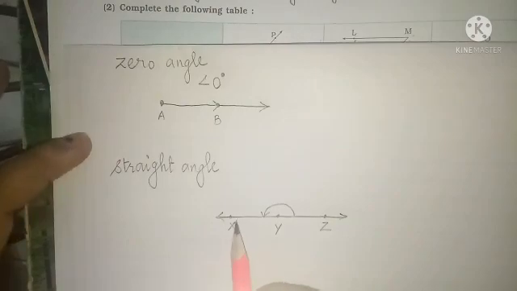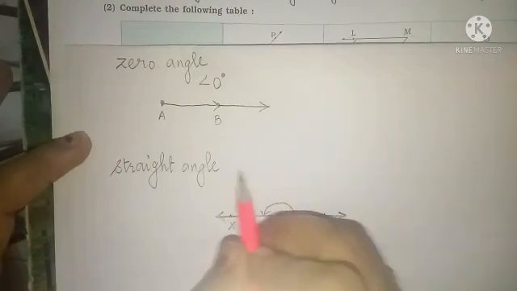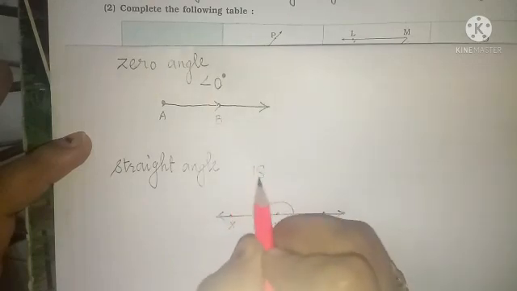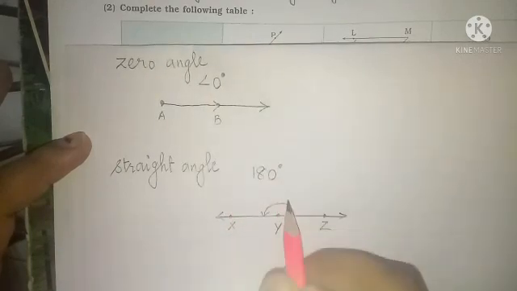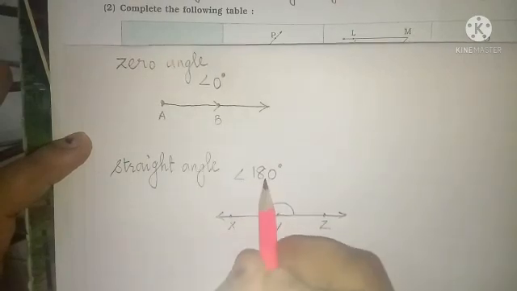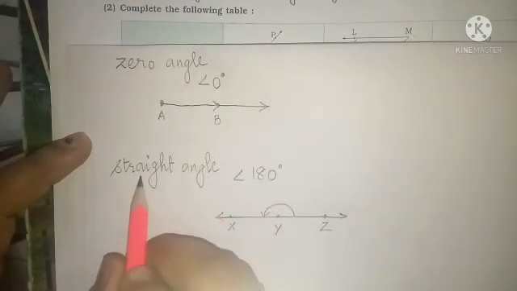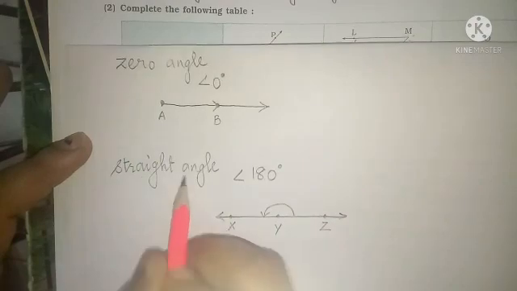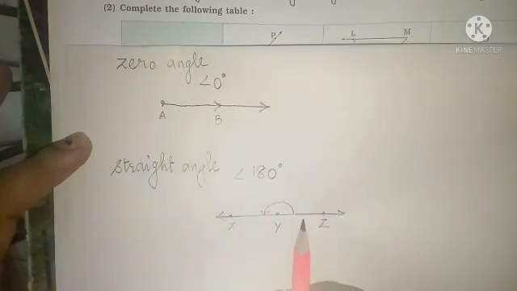Now how are you going to define a straight angle? An angle of measure 180 degree is called a straight angle. This is the diagram for the straight angle.